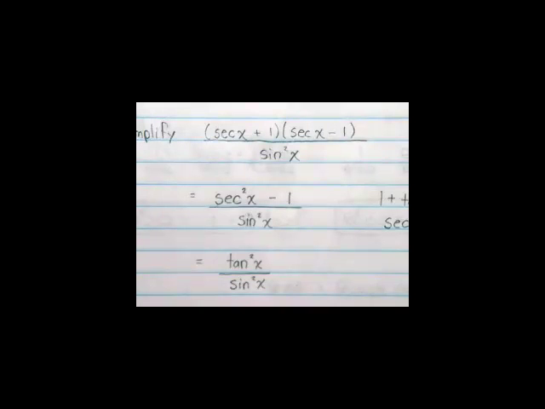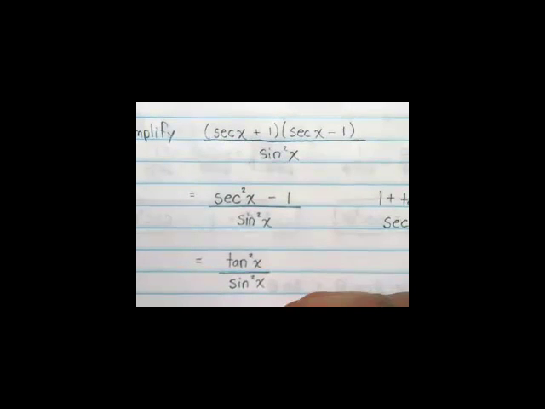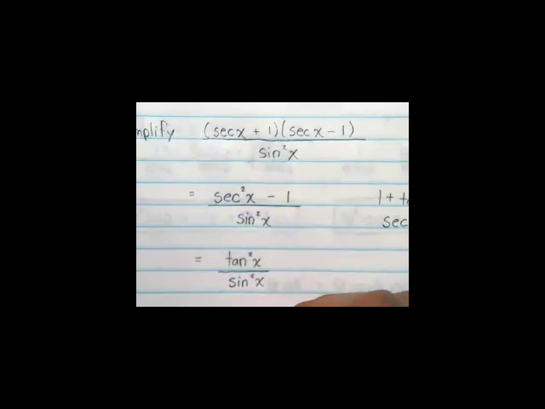Now at this stage, I can take that tangent, break it down into its cosines and sines, see if we got anything that's going to cancel out there. Okay? So tangent is sine over cosine, right? So we've got sine squared x over cosine squared x, and that whole thing divided by a sine squared x.